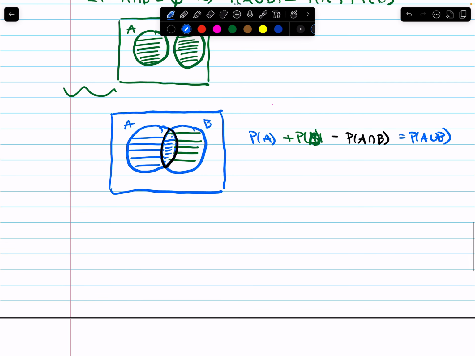Okay, and we can actually see this mathematically, not just with the Venn diagram. So remember a couple of things. Let's take this Venn diagram right here and write it as the union of disjoint sets.